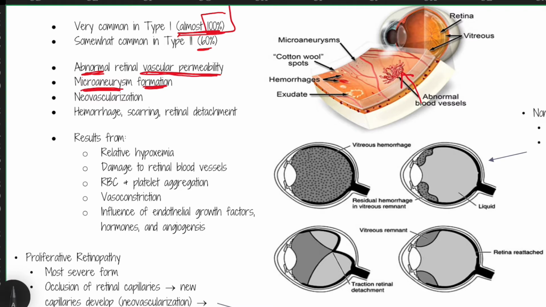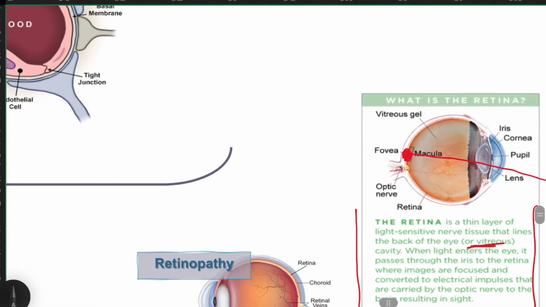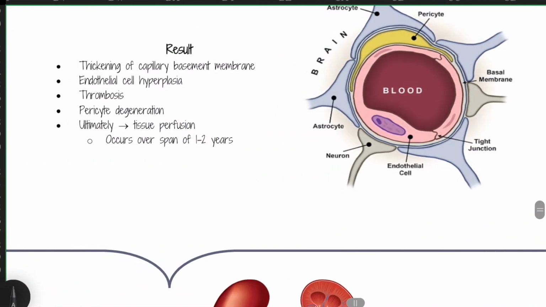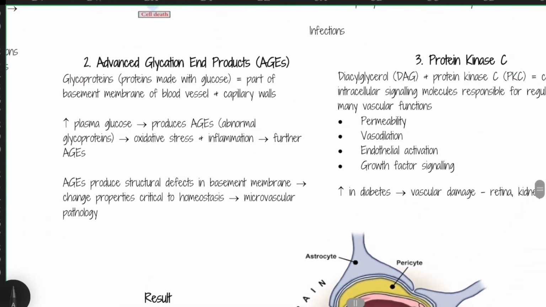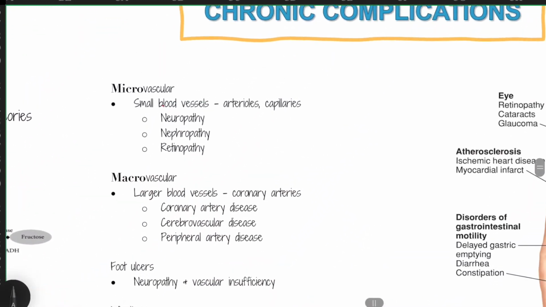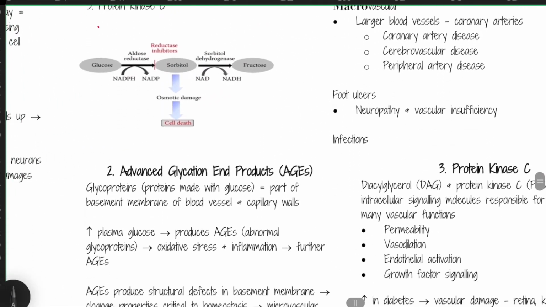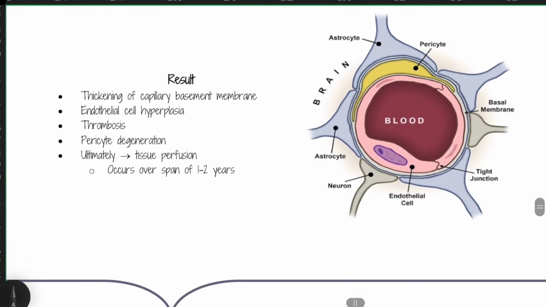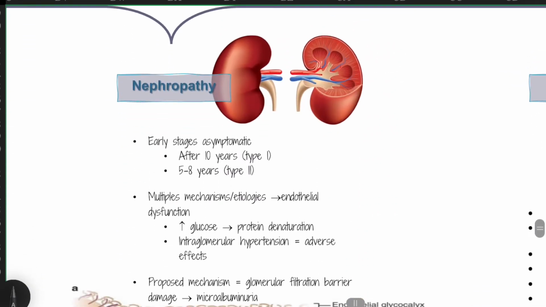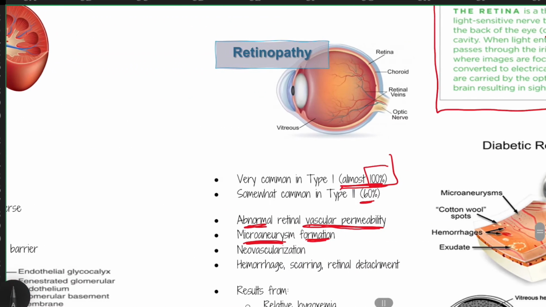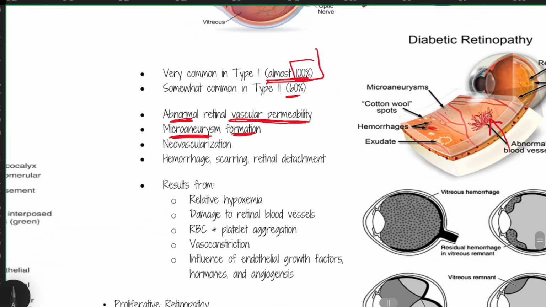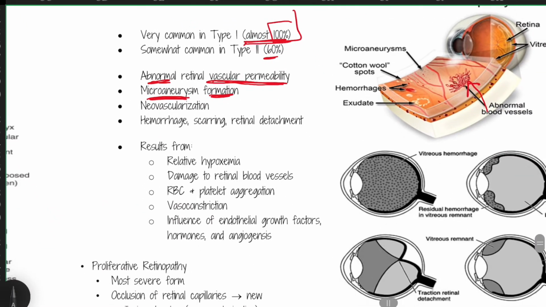All of these are the results of the theories we talked about in the last video as to why all of this microvascular damage is happening during diabetes, why all these complications are happening. We're not going to go too deep into why that's happening, but just give you a list of what's happening.